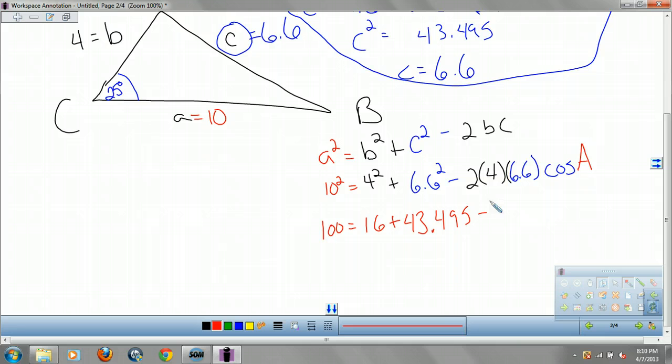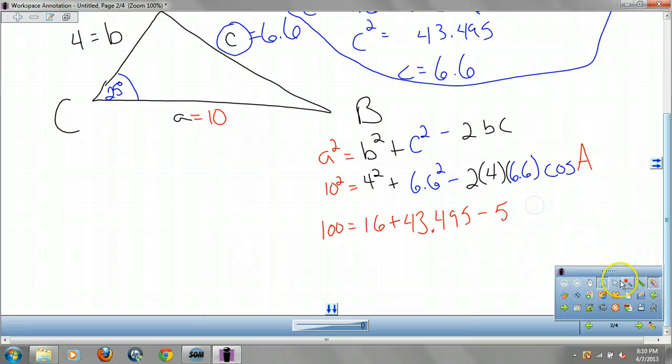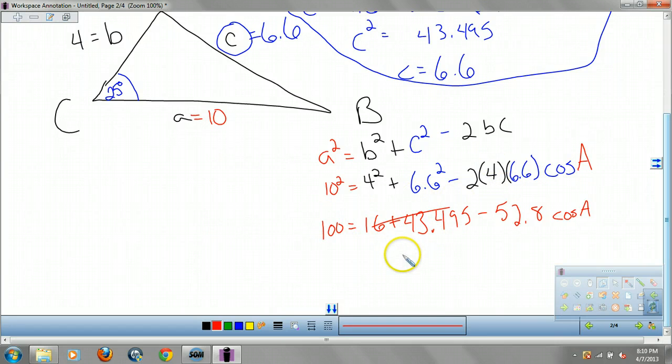Minus 52.8 cosine of A. Okay, let's do some more math. This is actually 59.495. Okay, we're going to subtract that from each side.